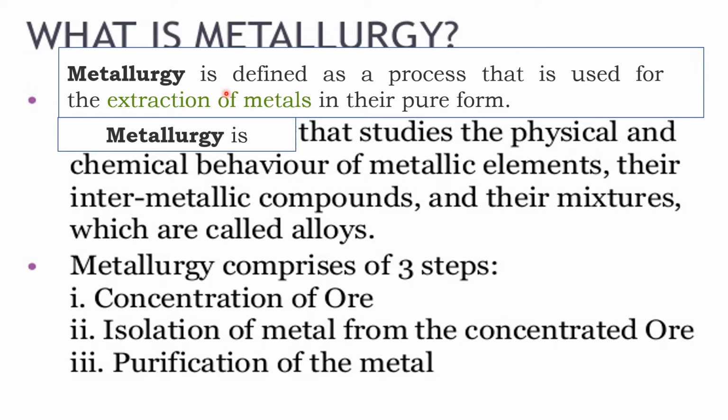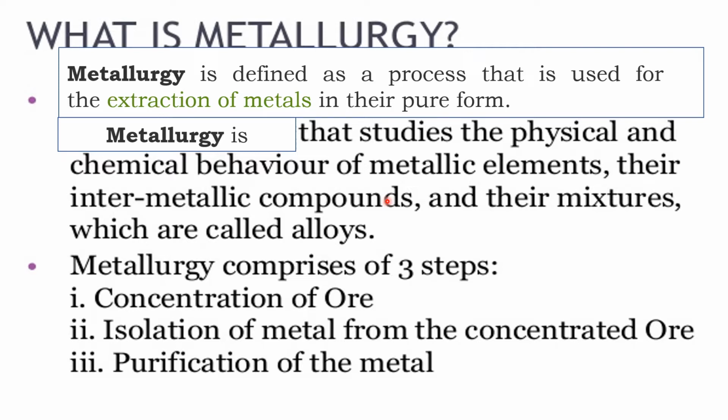That whole process comes under the heading metallurgy, and it encompasses the area that studies the physical and chemical behavior of metallic elements, their intermetallic compounds, and their mixtures called alloys. All these come under the heading metallurgy.